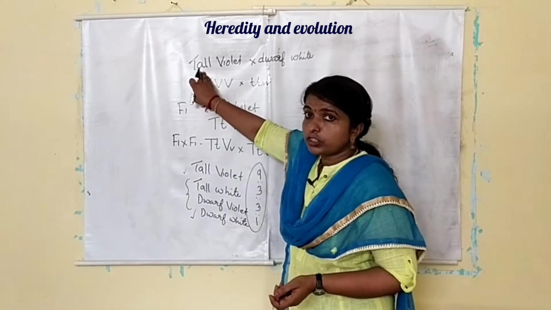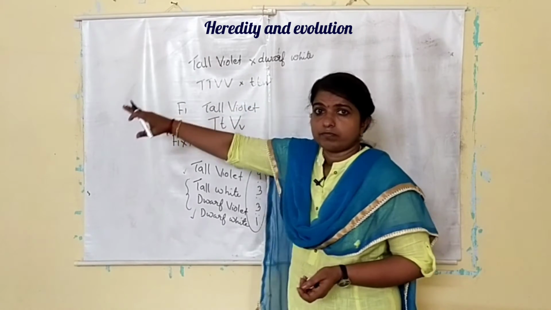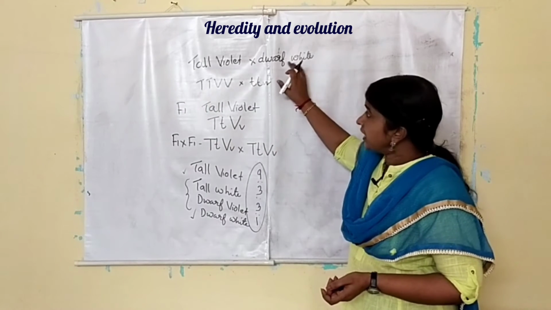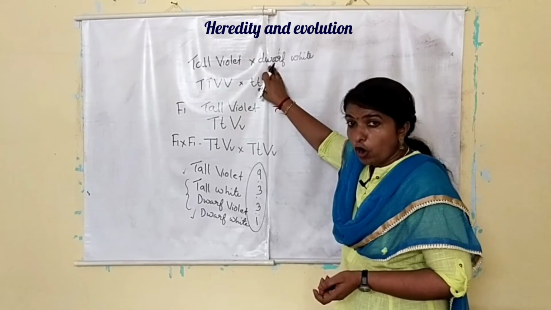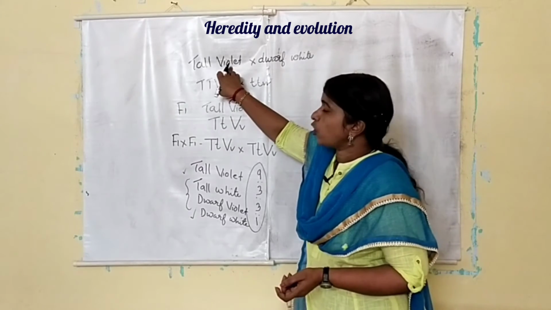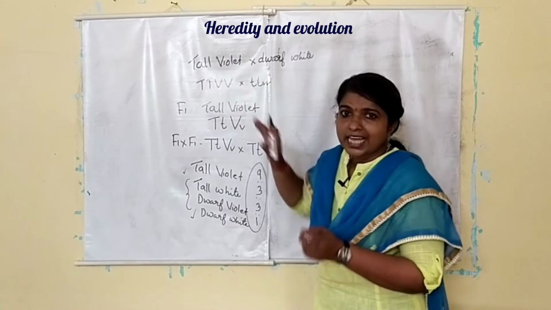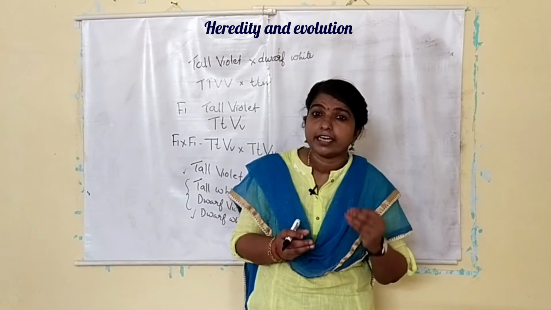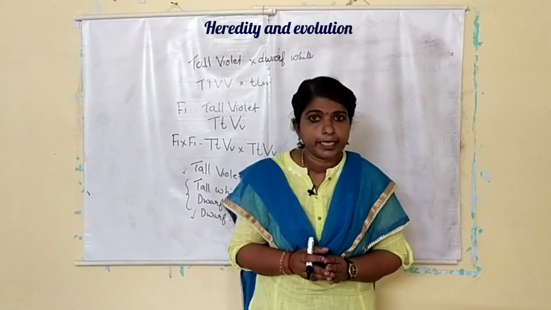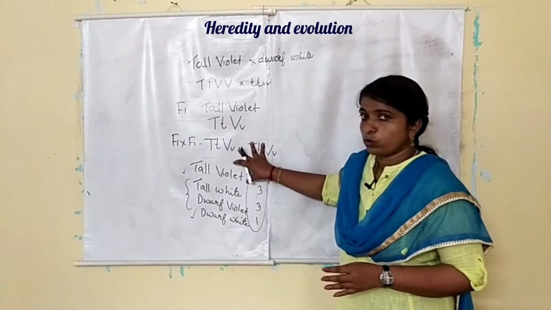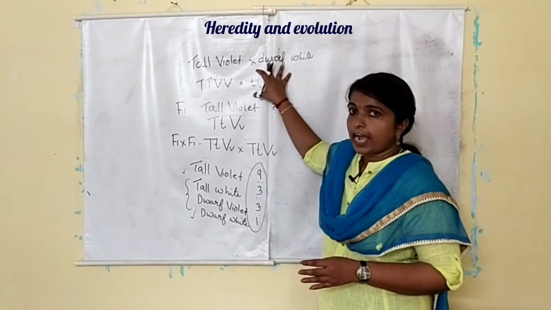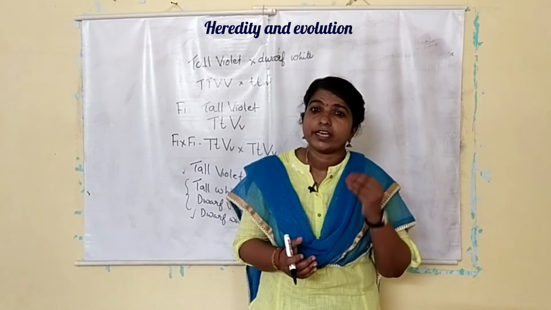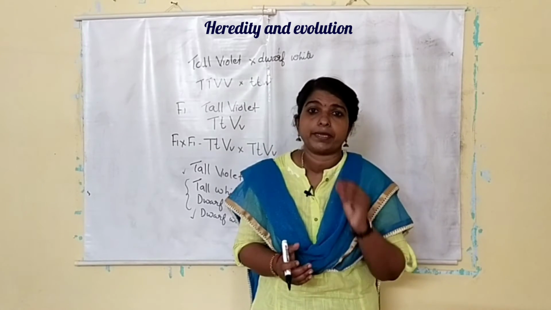The gene for tallness moves independently and joins with white. The gene that determines dwarfness joined with violet. That means the characters or traits are inherited independently. From this cross, using 2 different characters, Mendel proved that characters are inherited independently.